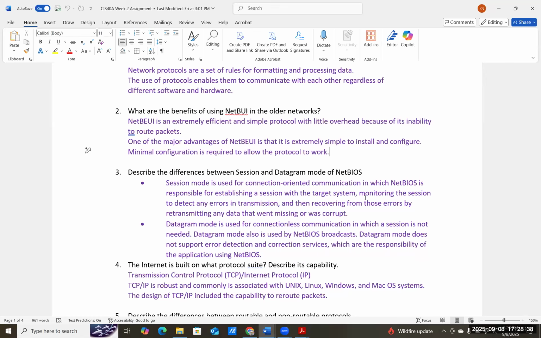And you're able to monitor the session to see if there's any kind of error. So if system A sends to system B, and there's a disruption or any kind of error in the transmission, it will retransmit. We want this reliability in our system.